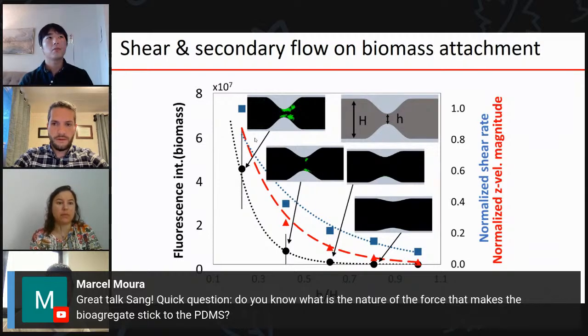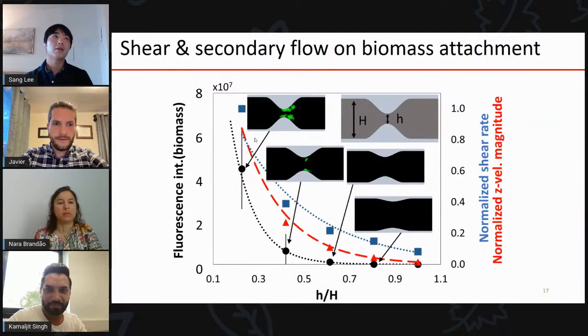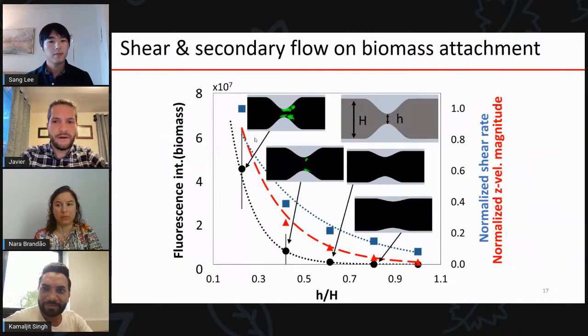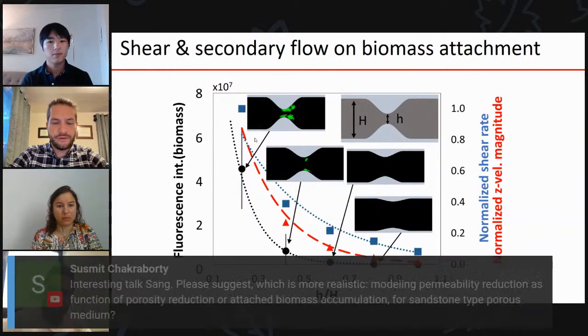Depending on the material, it can be electrostatic or van der Waals. Excellent, thank you.